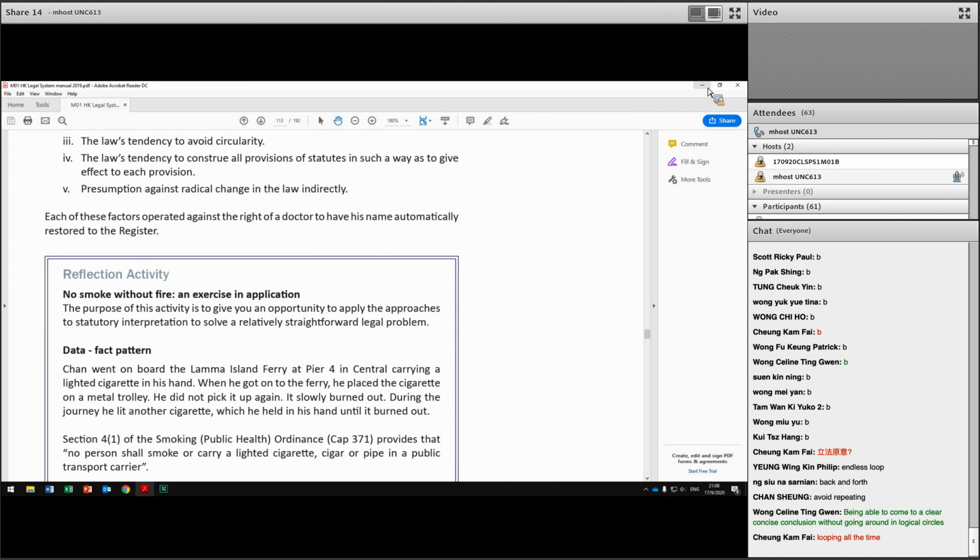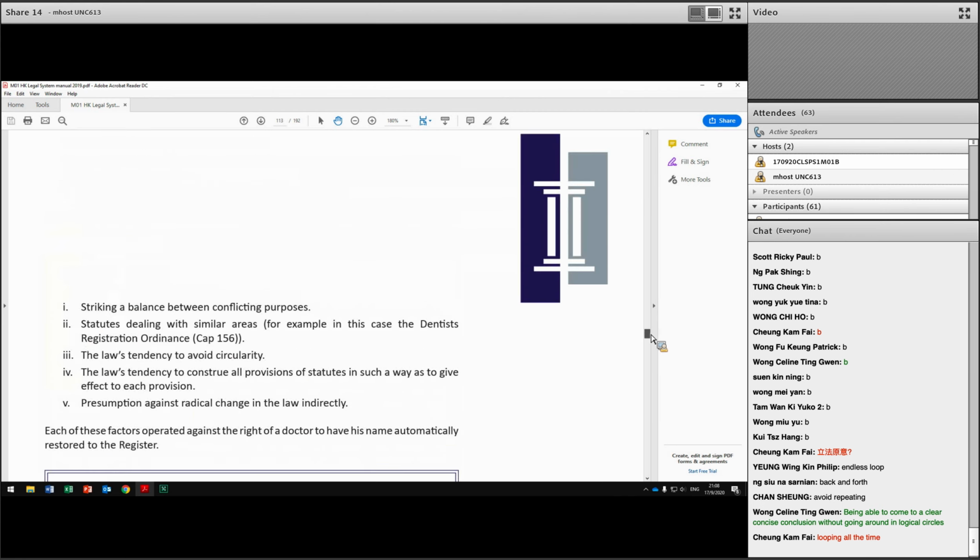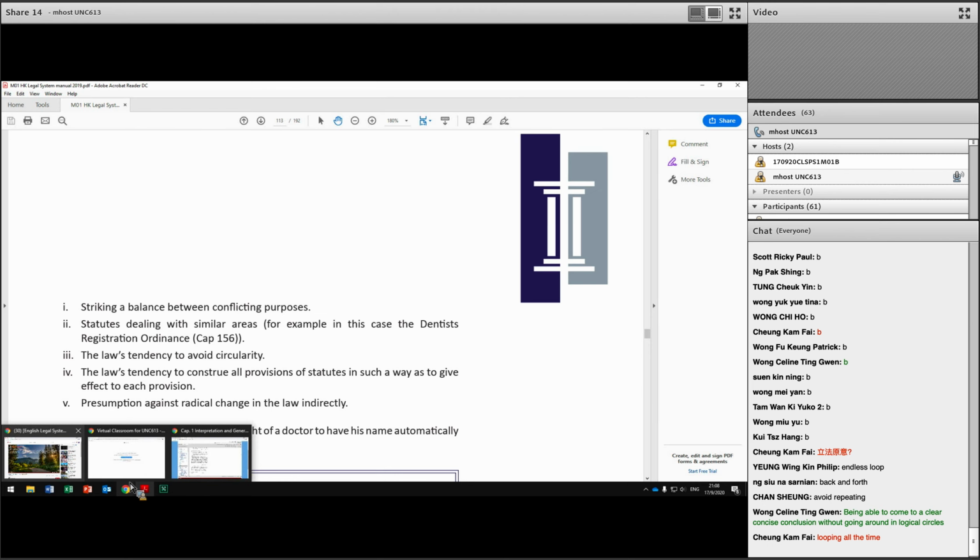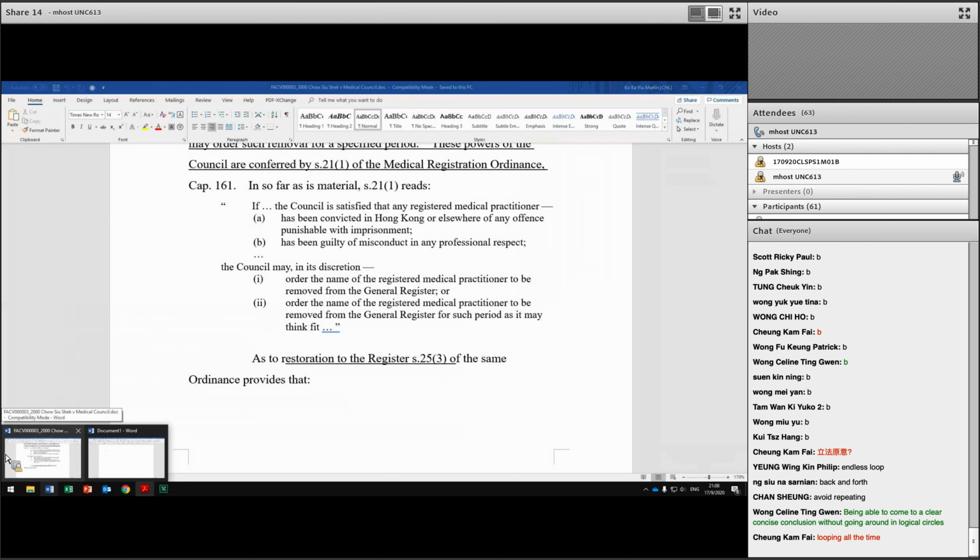If the court allowed automatic restoration, it would be very dangerous. So it's the landmark case for the purposive approach. Please make sure that you are very familiar with this case.